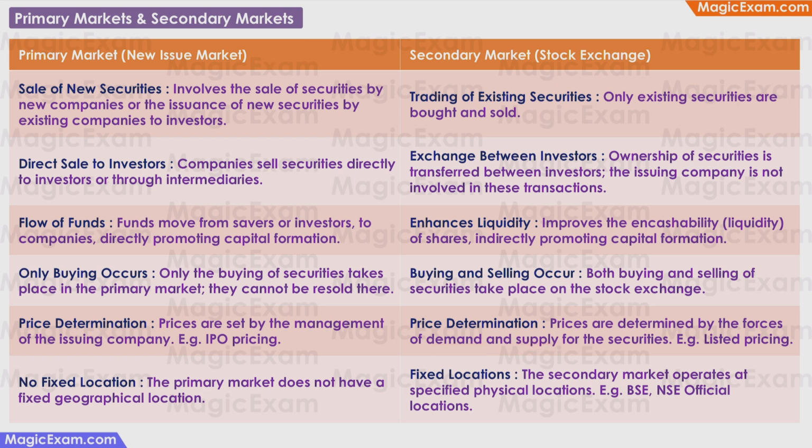The primary market does not have a fixed location because transactions can occur over the phone or over the internet. In contrast, in the secondary market, there are specific physical locations such as the official exchanges like the Bombay Stock Exchange or the National Stock Exchange. Of course, these might not be physical locations, but still there are specific websites where the transactions happen. So we can consider that they have specific locations.